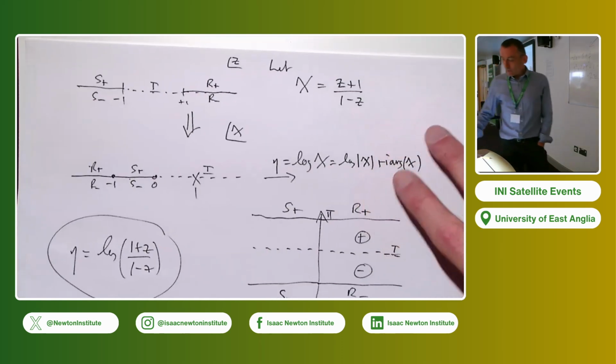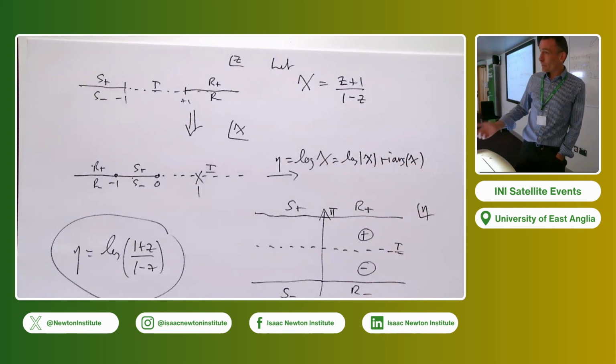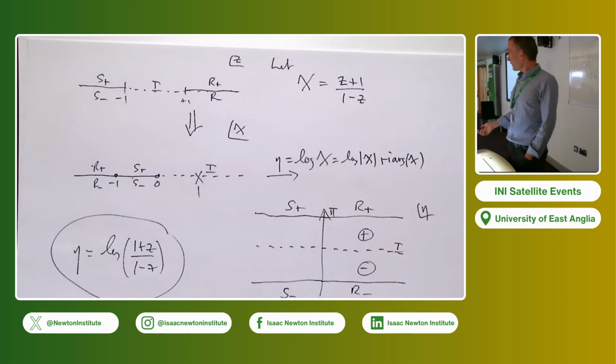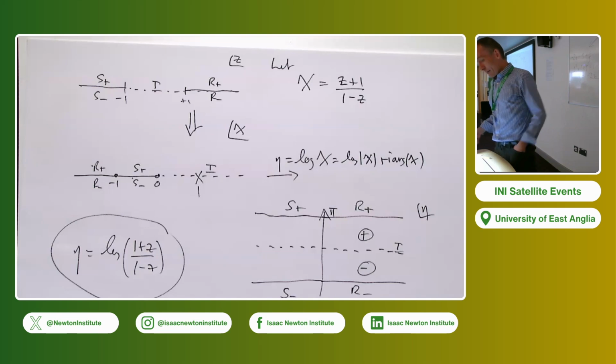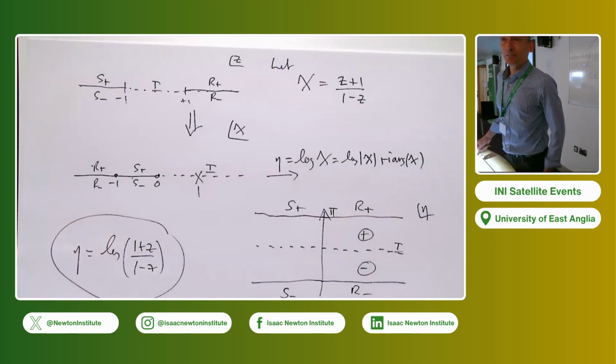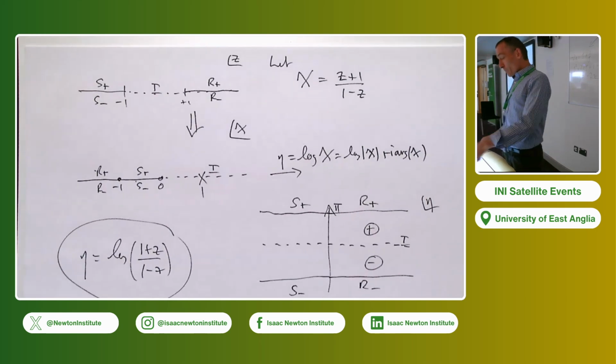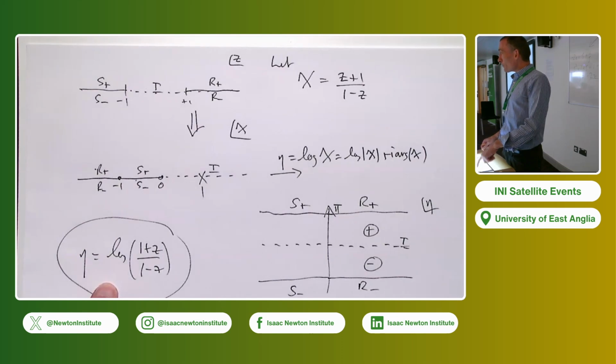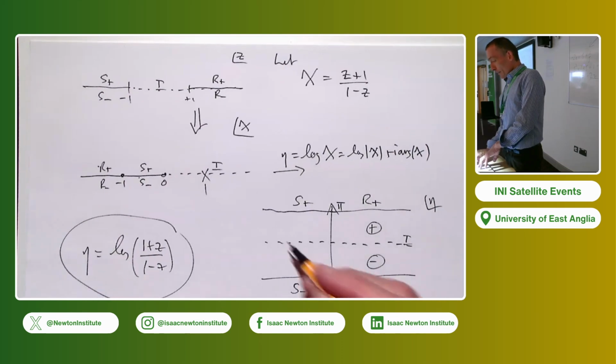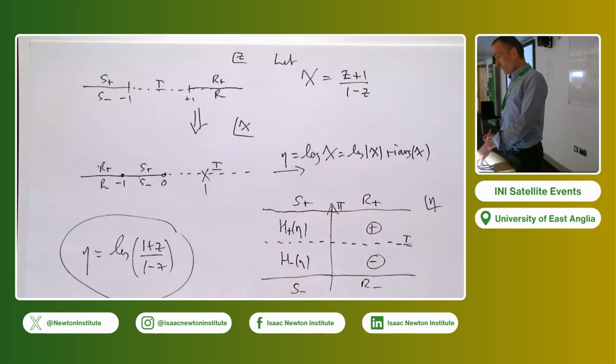Whenever you do have a problem in a strip, especially for analytic functions, you should think Fourier transforms. You see Fourier transform? Yep. So by virtue of this mapping, I can now find h plus of eta, h minus of eta in these strips using Fourier transforms.